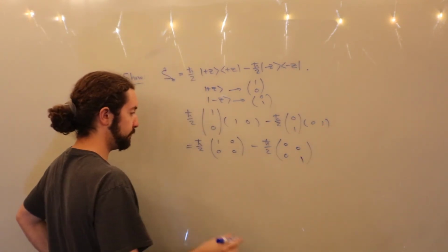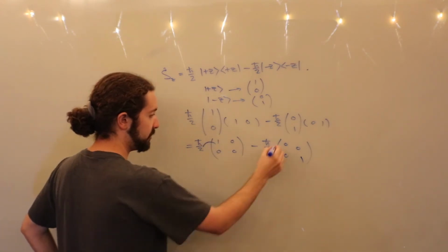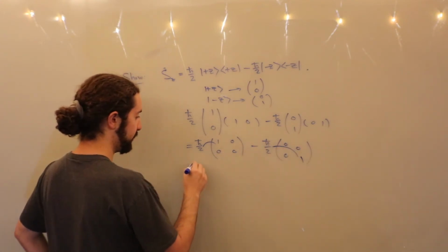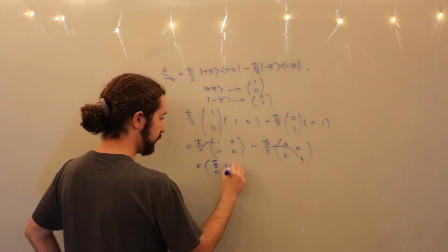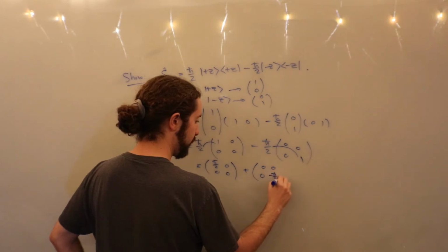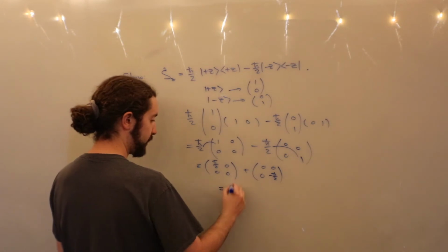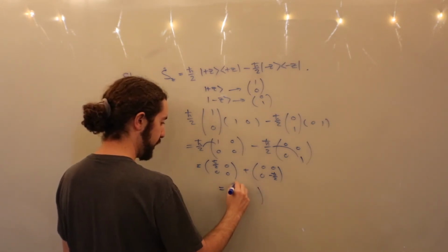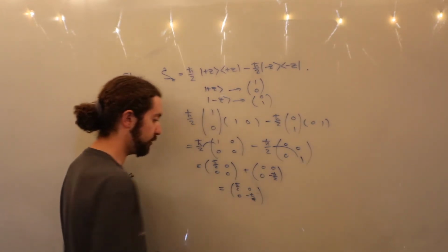And now, if you want, we can distribute the h bar over 2 and negative h bar over 2 into all the entries in our matrices to get h bar over 2, 0, 0, 0, plus 0, 0, 0, negative h bar over 2. And now we can add element by element here to get a final matrix of h bar over 2, 0, 0, negative h bar over 2.